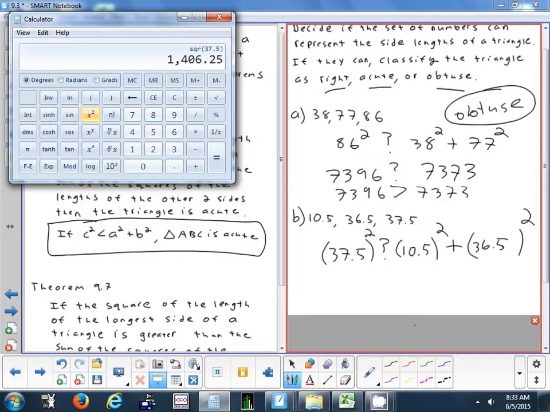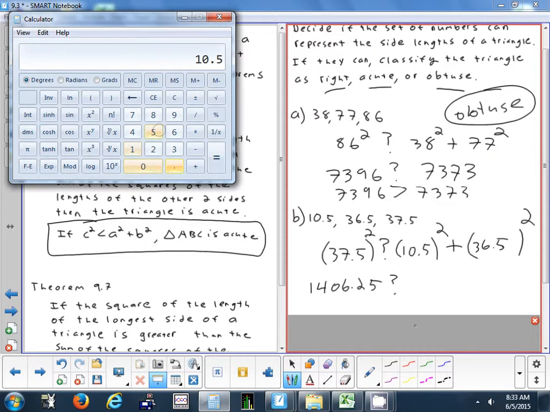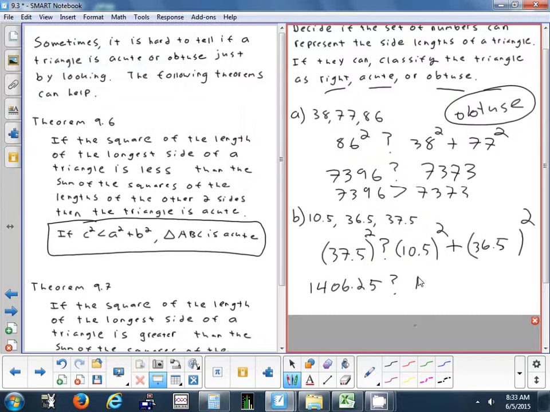37.5 squared is 1,406.25. 10 and a half squared is just a little bigger than 100: 110.25, plus 36.5 squared. So you get 1,442 and a half.